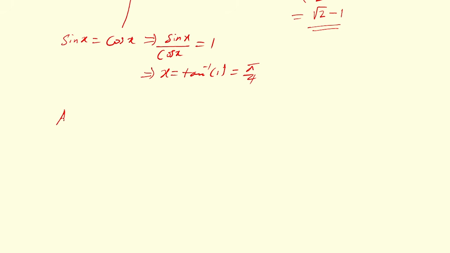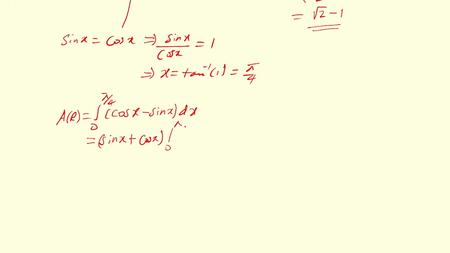Now, the area of the region is the integral from 0 to pi over 4 of cos x minus sin x dx. The integral of cos x is sin x, and of minus sin x is cos x, from 0 to pi over 4.